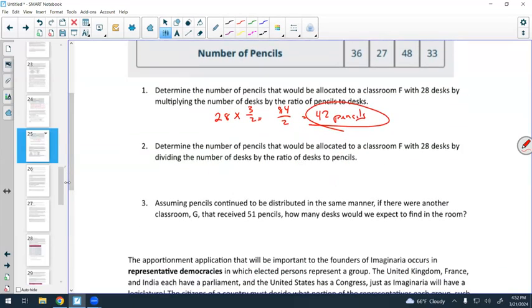Determine the number of pencils that will be allocated in classroom F with 28 desks by dividing the number of desks by the ratio of desks to pencils. So here we'll go 28 times 2/3. Let's stick with fractions: 56 over 3.